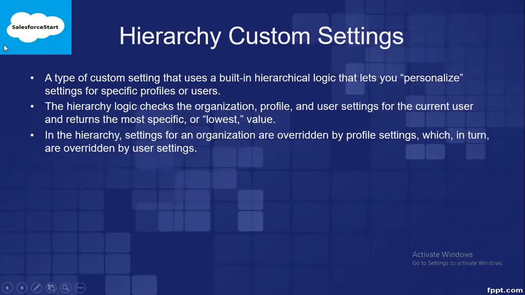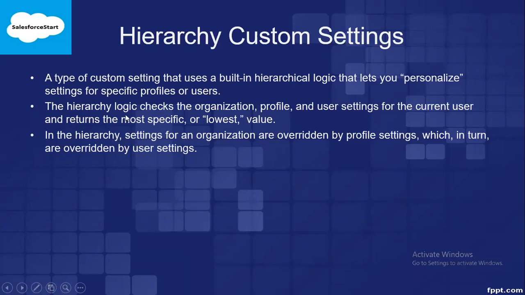Now coming to hierarchy custom settings, a type of custom setting that uses built-in hierarchical logic that lets you personalize settings for specific profiles or users, which we have done, right? For different profiles, in our example, we have given different percentages. At last, we have given for the user also a different percentage. Like that, we can do that.